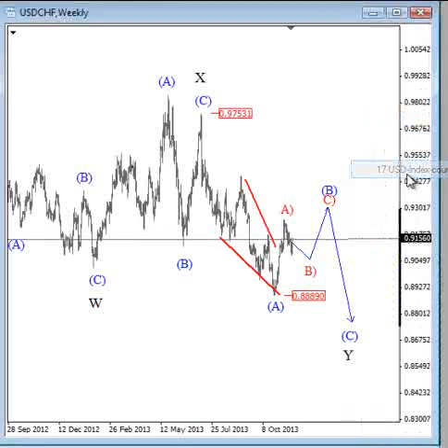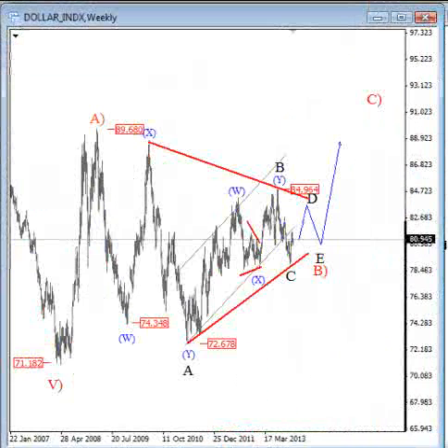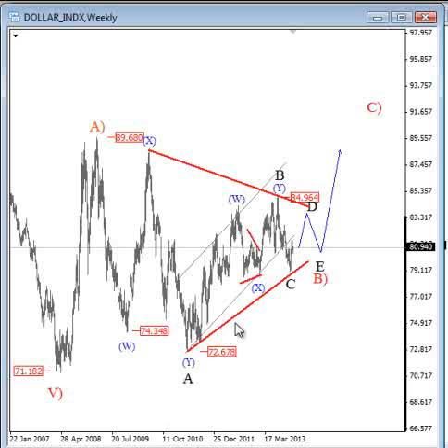Now on the dollar index weekly chart, we identified the end of a wave C here, which is part of an incomplete wave B triangle.